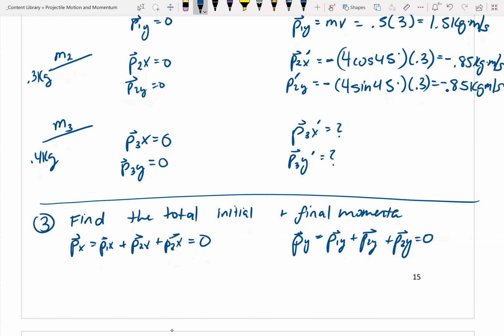Now we're going to look at our final. So Px prime is going to be P1x prime plus P2x prime plus P3x prime.